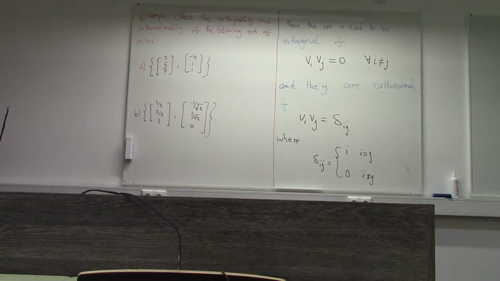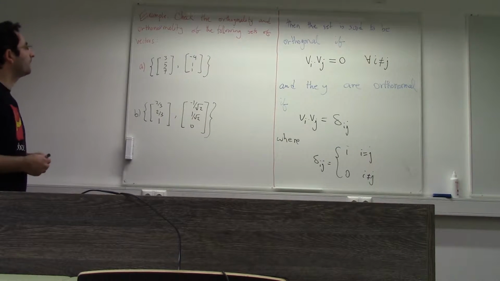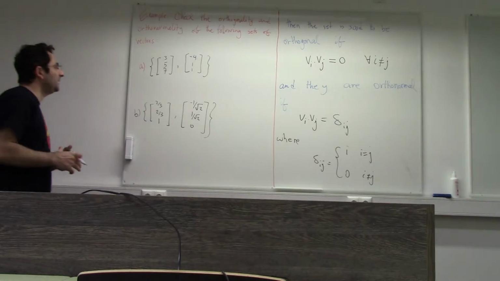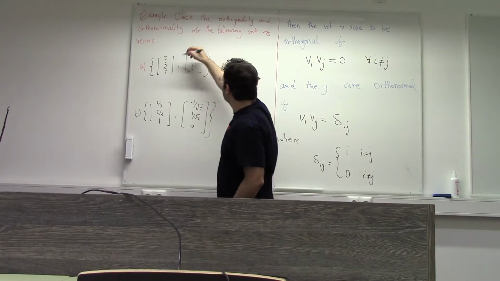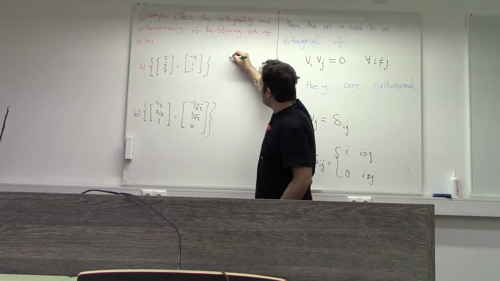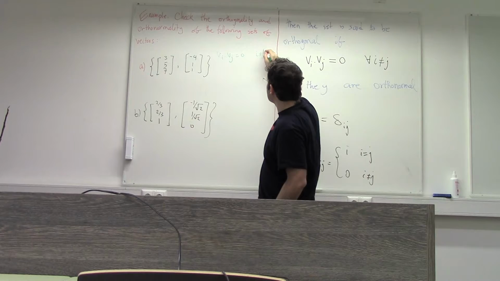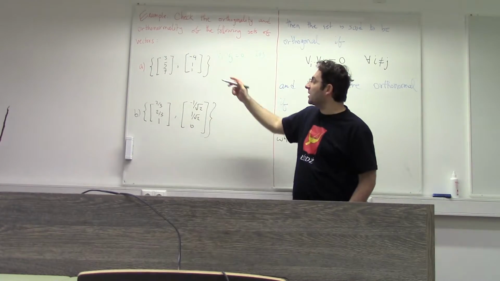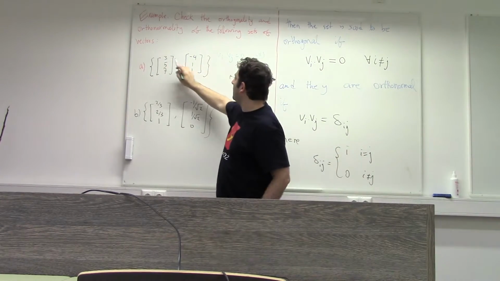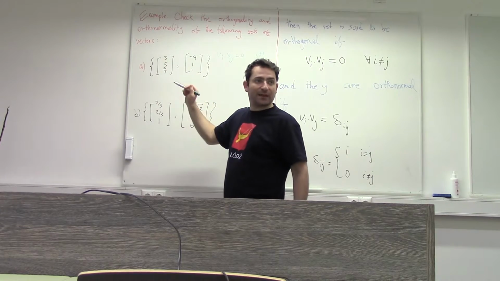Is the first one orthogonal? What does orthogonality mean? It means that if I have any vi multiplied by vj, it should be 0 if i is not equal to j. Let's check here. Vi multiplied by vj means element-wise multiplication and addition.